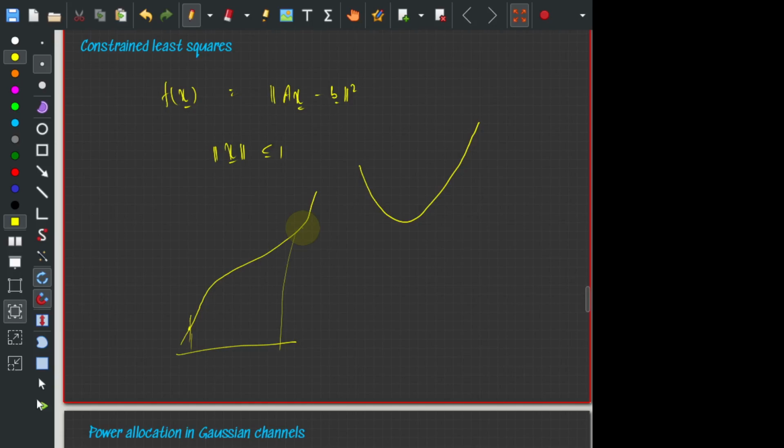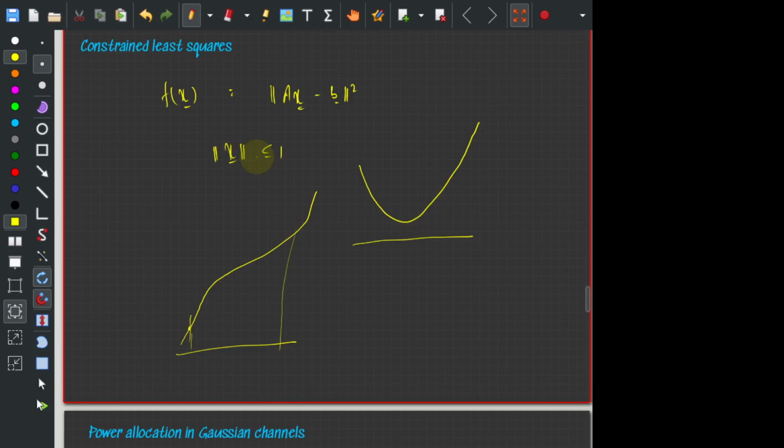So geometrically, what happens if you have functions which are smooth, which look convex? In this particular example, I've drawn this particular curve. When I impose certain constraints, what exactly am I doing? I'm restricting the set of X, basically my search space.